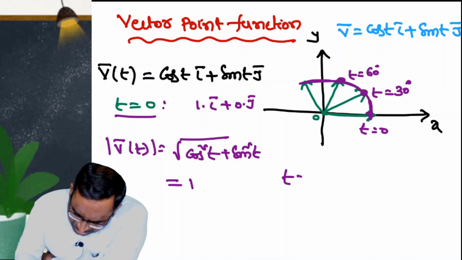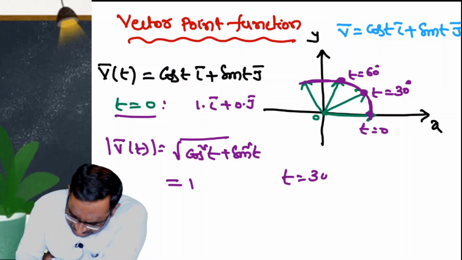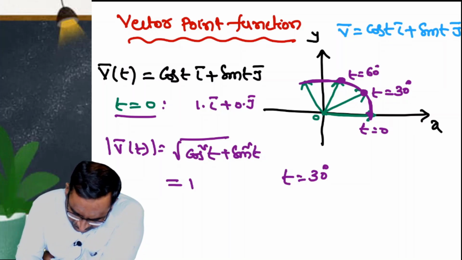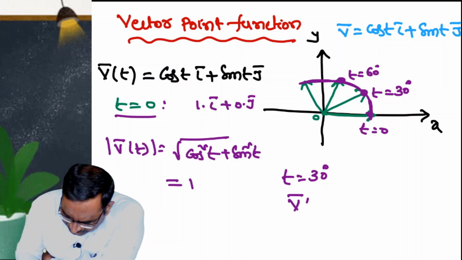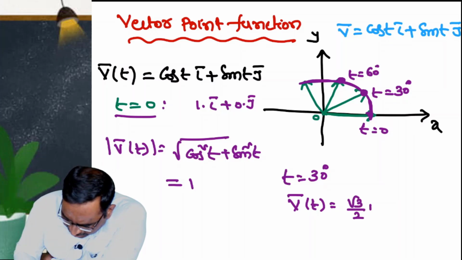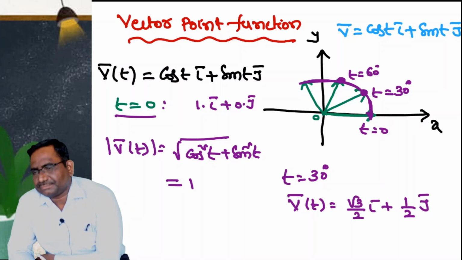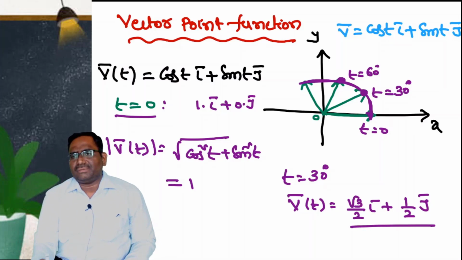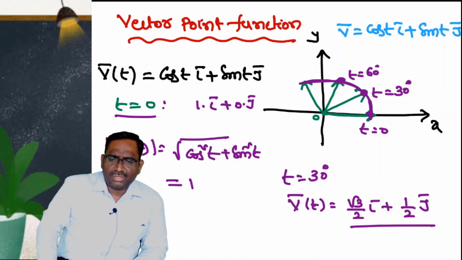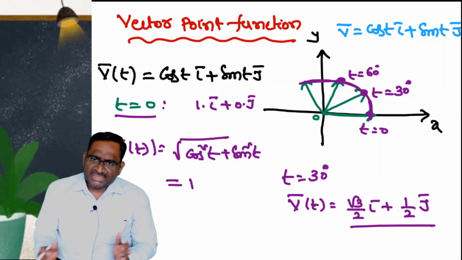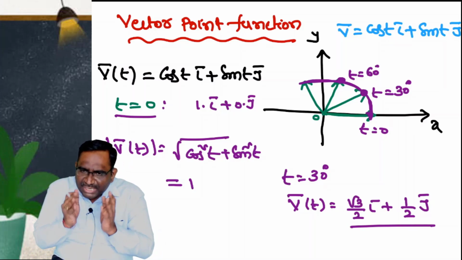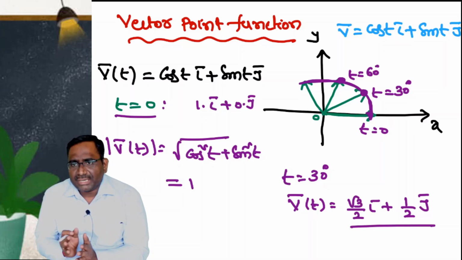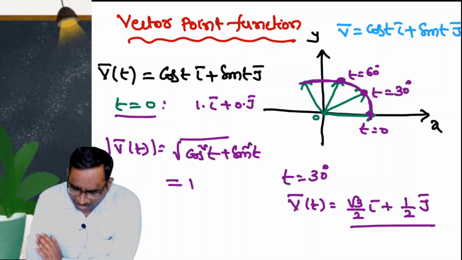Suppose when t is equal to 30 degrees, what is v bar of t? If you convert into radians, v bar is cos 30, root 3 by 2 i bar plus 1 by 2 j bar. So this is the direction, root 3 by 2 comma 1 by 2. But in the scalar point function, we get only a unique scalar value.